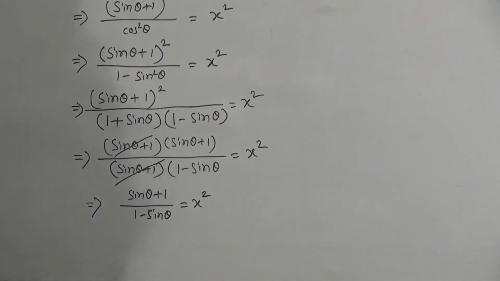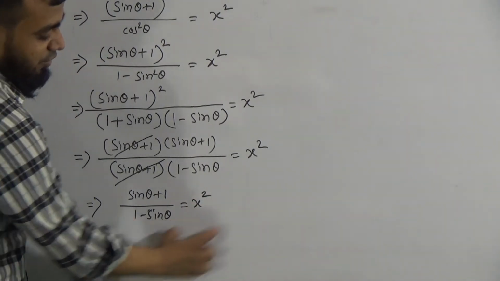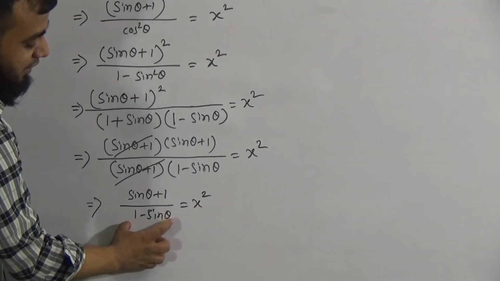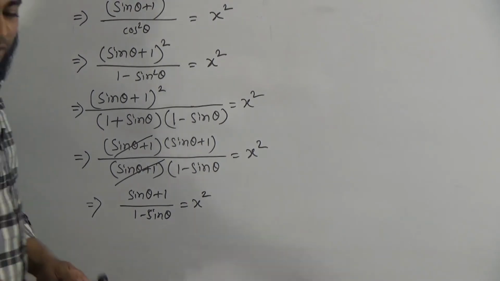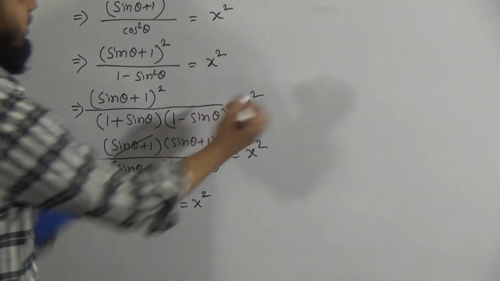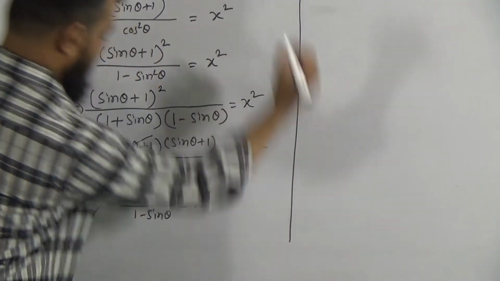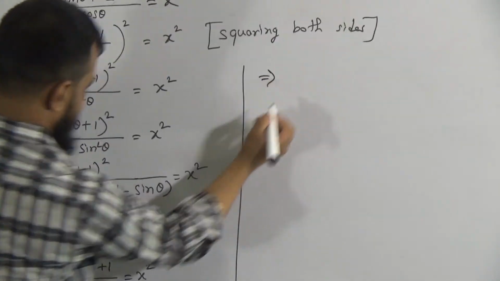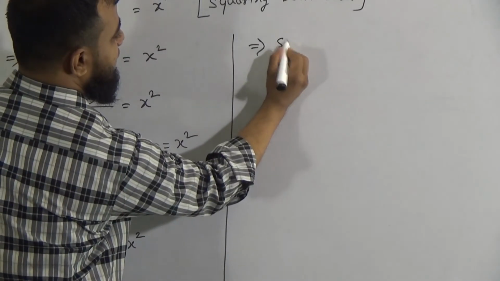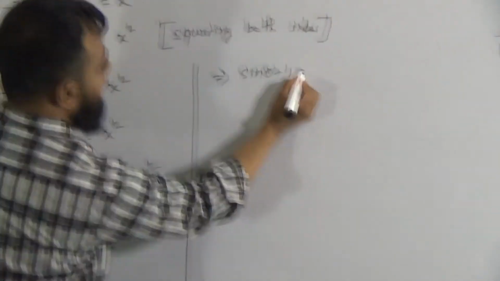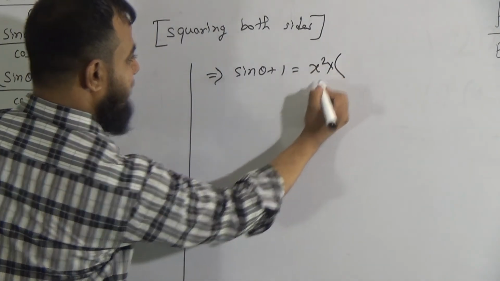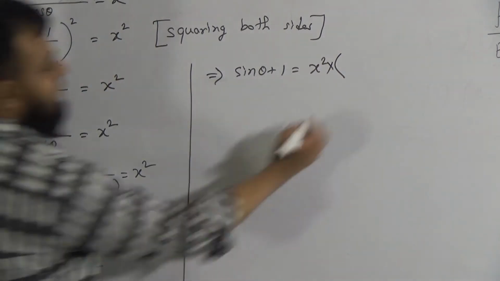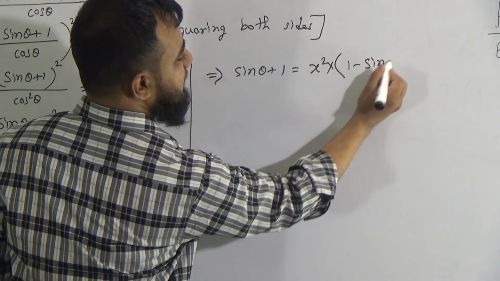Now we can transfer this denominator into the right side. This denominator is divided with this numerator, so it will be multiplied. My dear students, I'm going to the right side because we have no space here. We can write down sin theta plus 1 equal to x square multiplied with 1 minus sin theta.